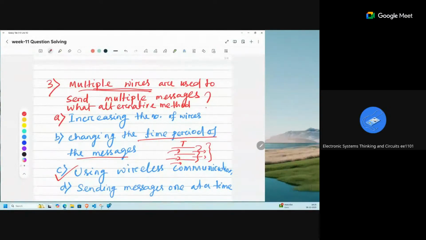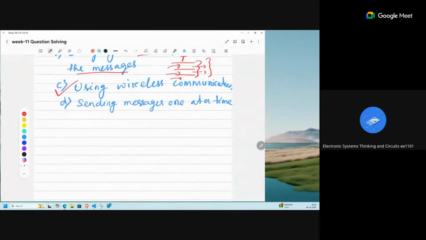If you are going for the wireless channel, then what can be happening? We can send in multiple time periods T1, T2, T3, T4: message 1, message 2, message 3, message 4 can be sent.